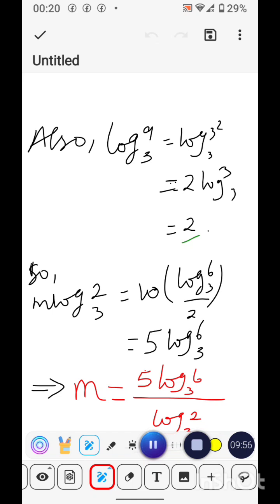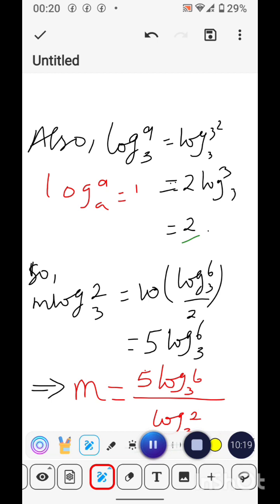So if we write 9 as 3 squared, we have 2 log 3 base 3. And we know log A base A is 1, the log of a number to that same base, like log 4 base 4, is 1. Log 3 base 3 is 1, and 2 times 1 gives us 2.